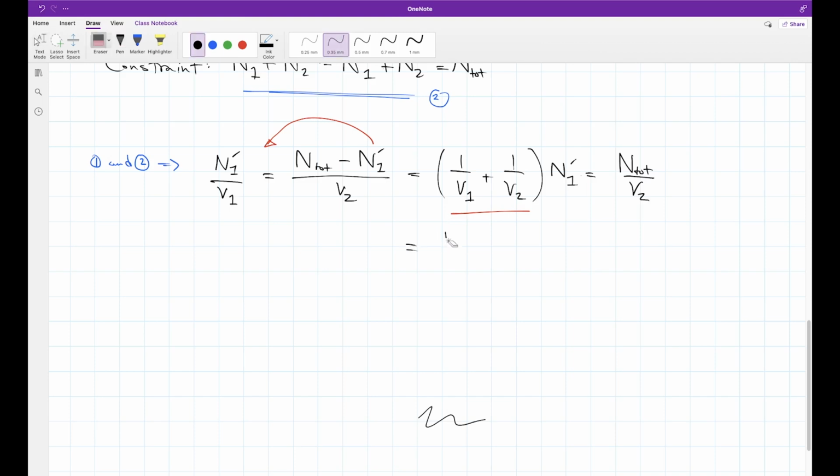So this will be V total over V1 V2 times N1 prime, which, oops, this should have been implies, is equal to N total over V2. And we see that a V2 cancels on both sides now. Okay, we're almost home free. Now to solve for N1 prime, we just need to multiply V1 over V total on both sides.